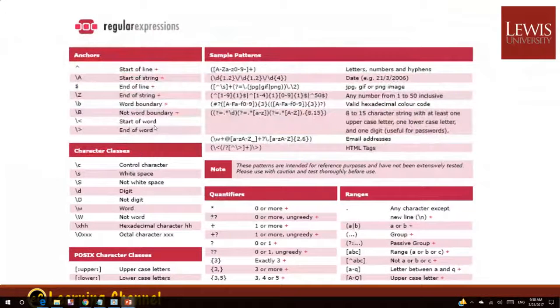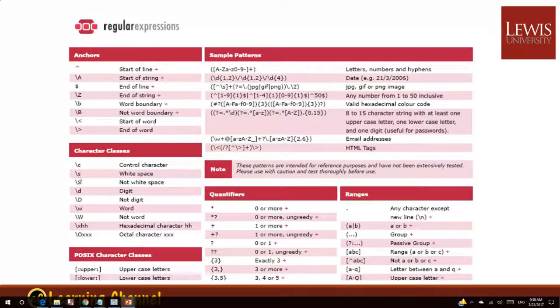Right here, we have a summary for the regular expression. The important part is the caret for the start of the line, and backslash left angle bracket and backslash right angle bracket for the start and the end of a word. These are important.